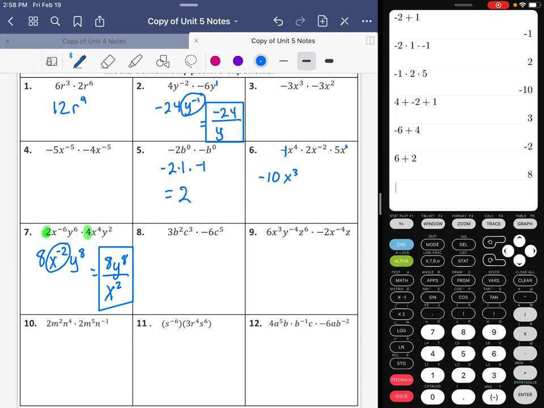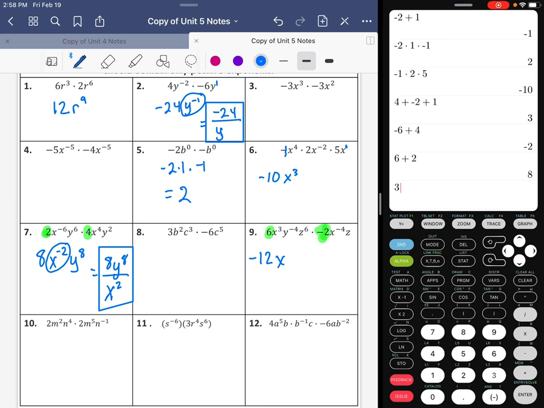Let's look at number 9. Number 9 has a couple of coefficients. So it's got 6, negative 2. So we're going to do 6 times negative 2, which is negative 12. Then we're going to look at x. So the exponents for x are 3 and negative 4.